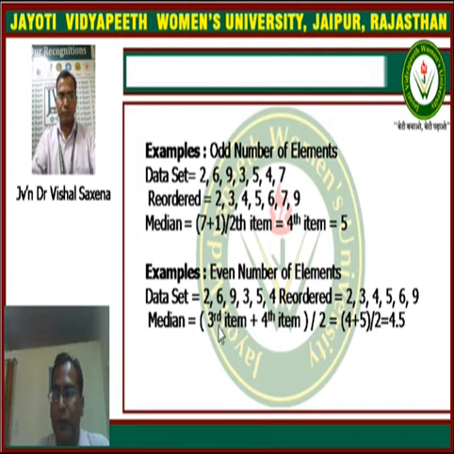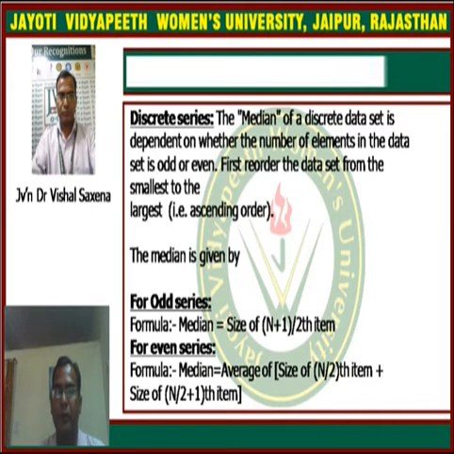So 6 upon 2 means the 3rd item, and 6 upon 2 plus 1 is the 4th item, and the whole divided by 2. So the 3rd item is 4, and the 4th item is 5. So we put the values (4 plus 5) upon 2, and that is equal to 4.5. So median is here 4.5.